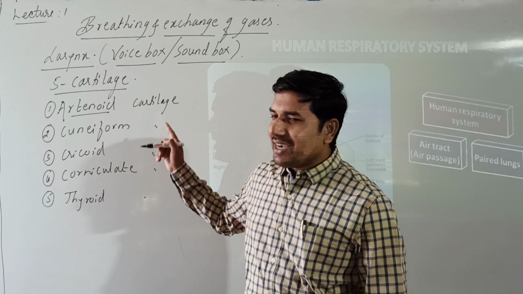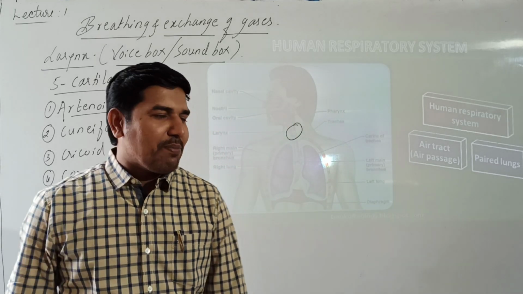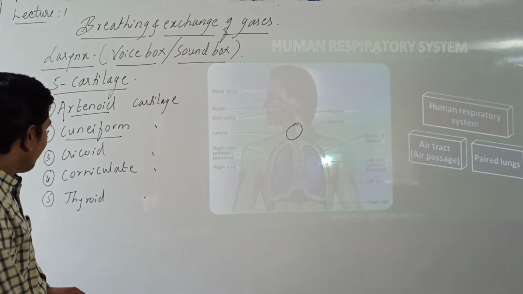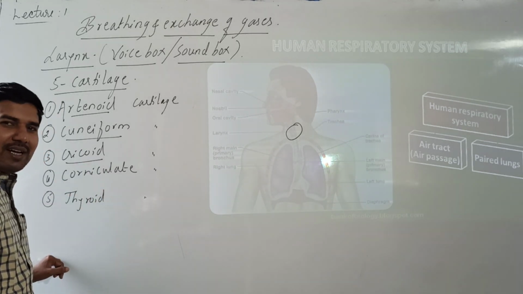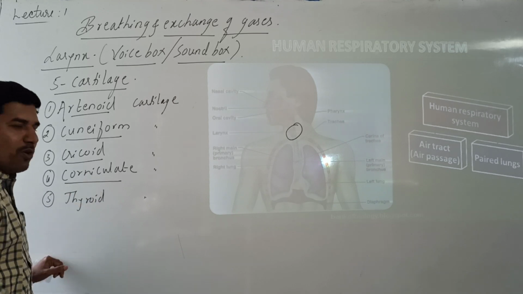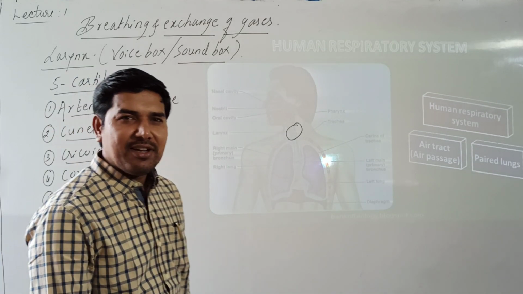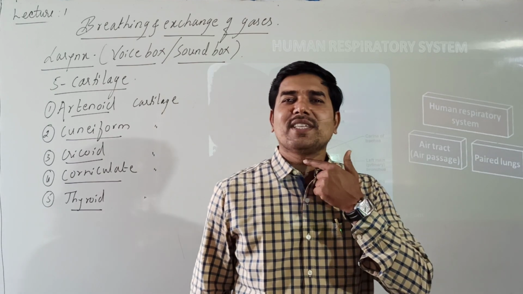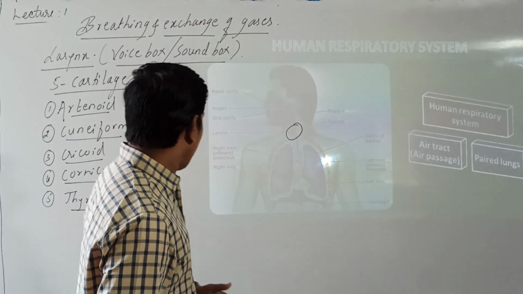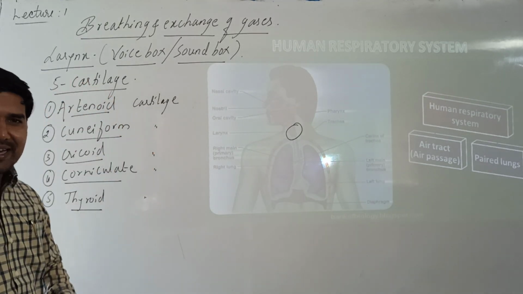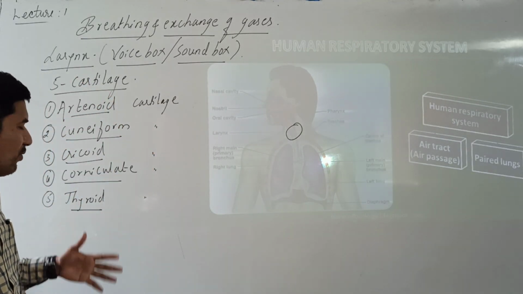So the arytenoid cartilage is there. Then apart from this, we have the cuneiform cartilage, cricoid cartilage, corniculate cartilage, and thyroid cartilage, which are present in the larynx region. All these 5 cartilages are present in the larynx. So the larynx is made up of 5 cartilages.